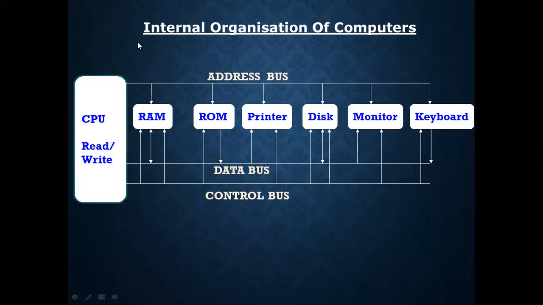The storage devices we use, like hard disks, optical drives, CDs and DVDs, pen drives, are nothing but dump drives. We are dumping some data into those drives. These are storage devices, not memory devices.